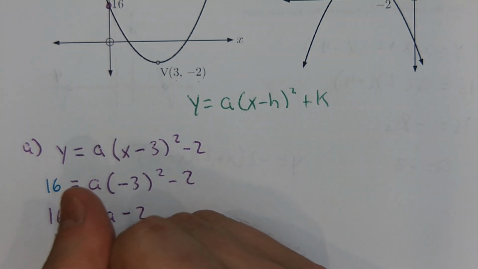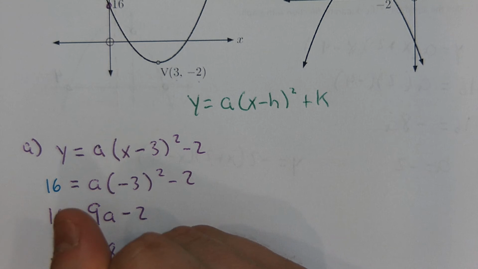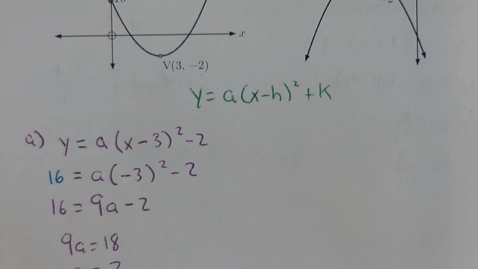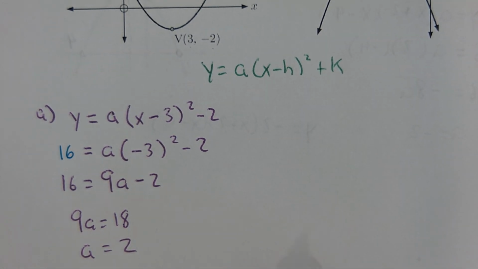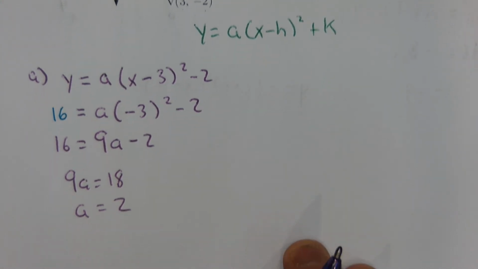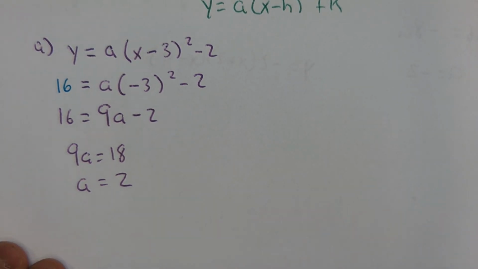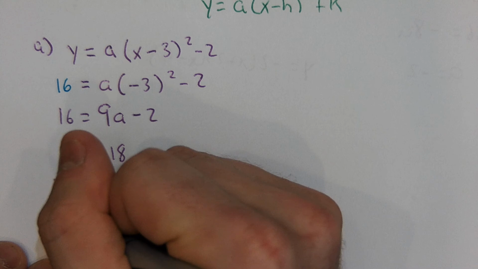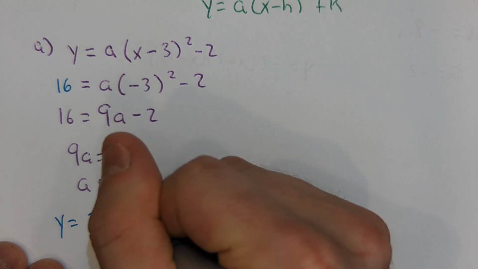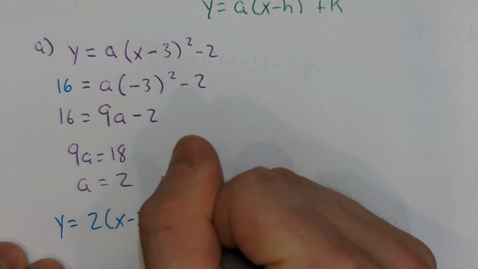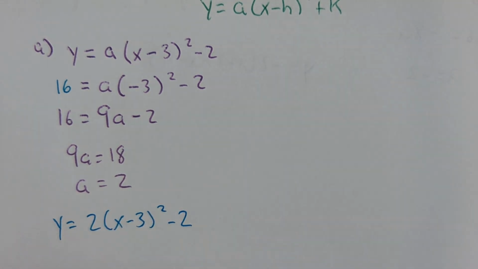Add 2 to both sides and divide by 9. And all that's left to do at that point is simply write out the whole answer. You know, I'm going to switch colors again. Y equals 2 times (x - 3) squared minus 2. Hooray, easy math.